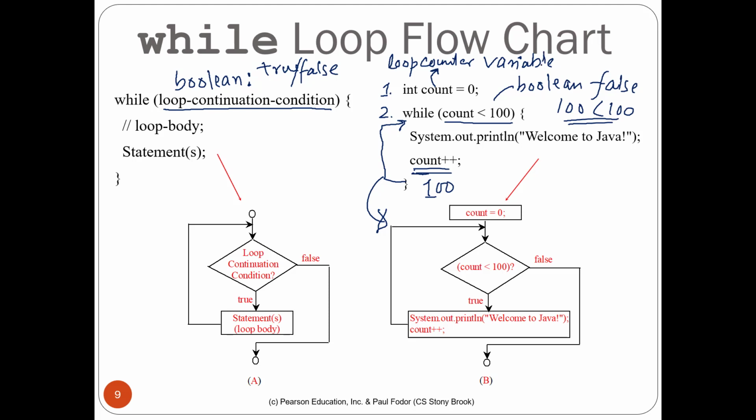The purpose of this variable is to control how many times your loop will run. So this is very important. In your while loop, you have to update this loop control variable whenever you run the loop.